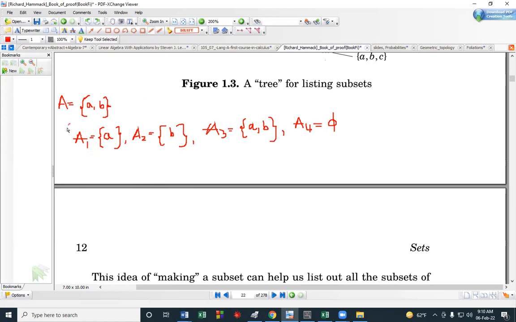So how many of them are here altogether? Let's consider the set of all subsets of A. So we call it the power set of A. So this is another definition.